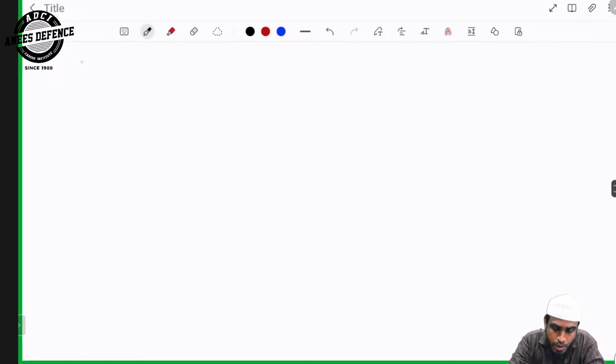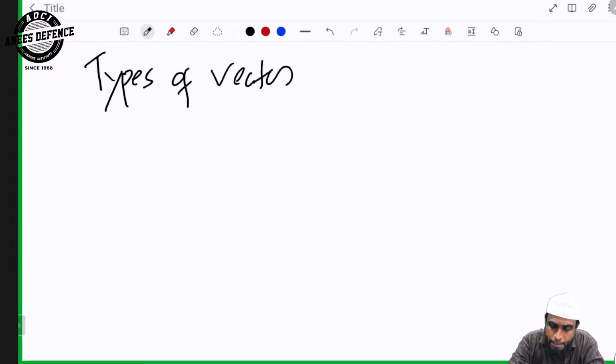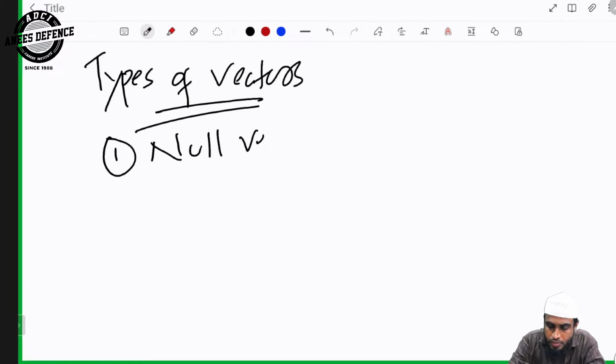Then what are the types of vectors? For example, one is the null vector, or we can say the zero vector.